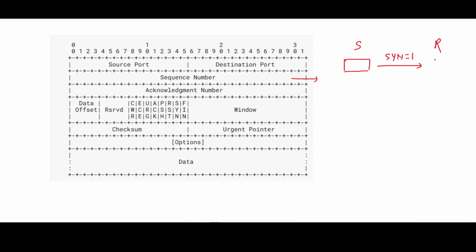Now here SYN goes, and there are many bytes in each segment, and each byte has an initial sequence number, a unique identifier number. Suppose this is x, the next byte will be x plus 1. Suppose the last byte of the segment is n.